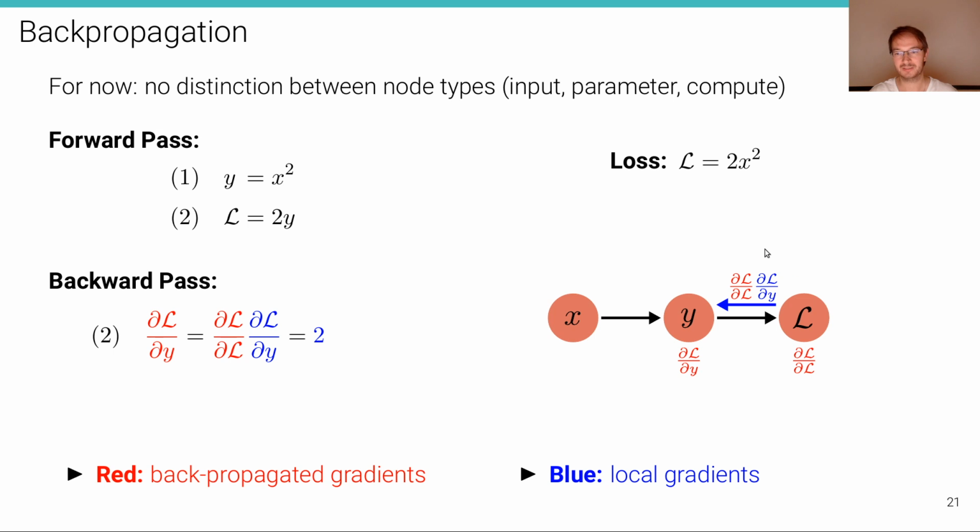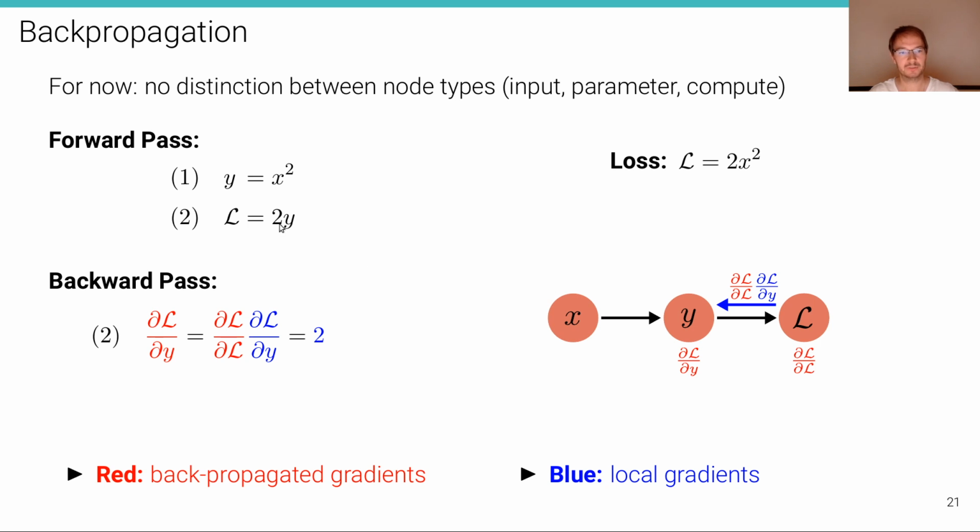But you will see that writing it in that form makes sense if we go further back in this simple computation graph. Okay, so this is obviously correct, right? The partial L here cancels, so this is exactly the same as the gradient of L with respect to y. So what is the gradient of L with respect to y?